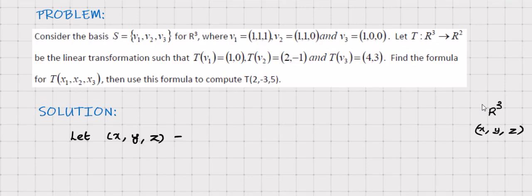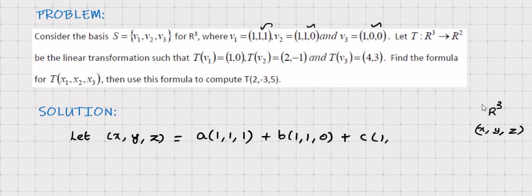as a linear combination of input vectors. What were the input vectors given in this problem? These are 1, 2 and 3. I should write this one as a linear combination of these 3 elements. So a into 1 comma 1 comma 1 plus b into 1 comma 1 comma 0 plus c into 1 comma 0 comma 0.